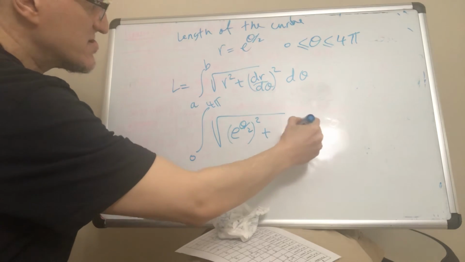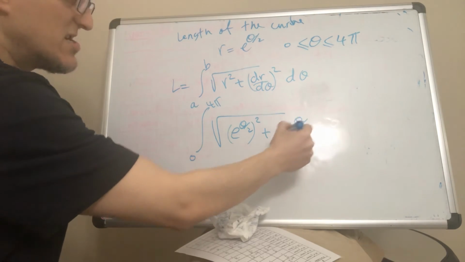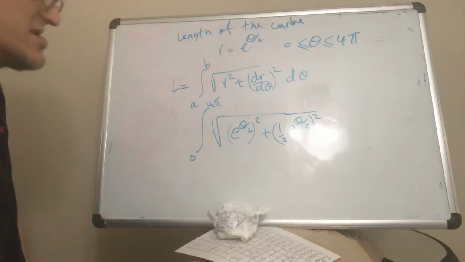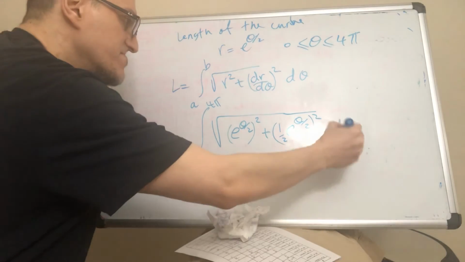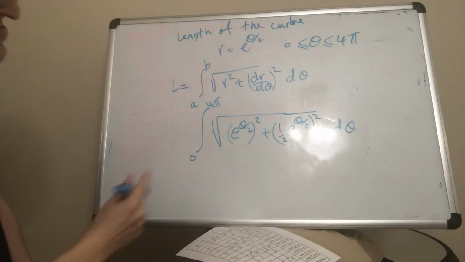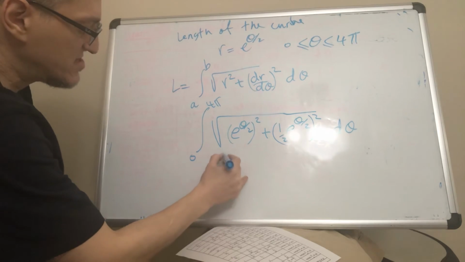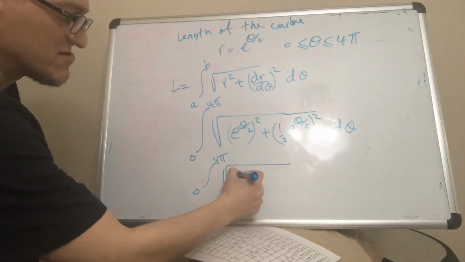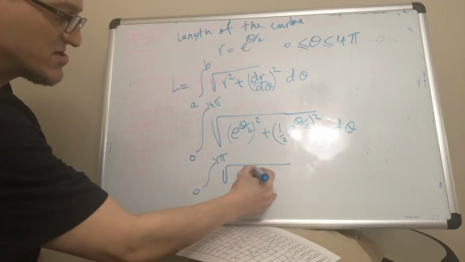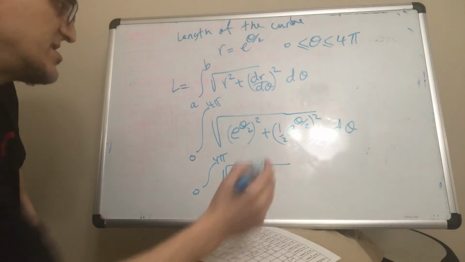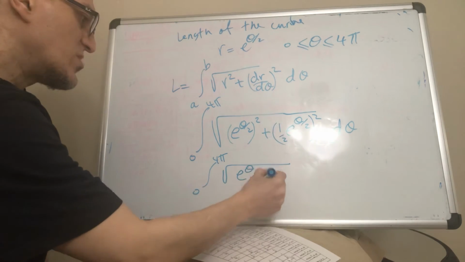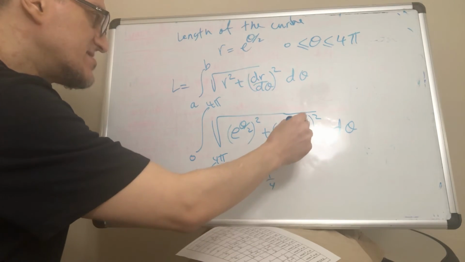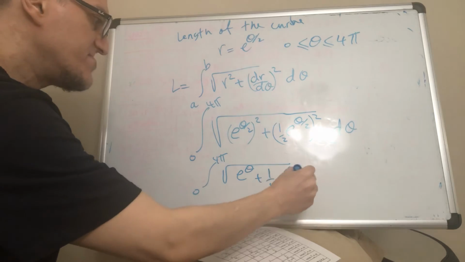The derivative of this is itself times half, which is the derivative of the exponent, and you square this, d theta. Now, mathematically speaking, when you raise to multiple exponents, you multiply them, so this times this will become e to the theta. And here, half squared is 1 over 4. And this squared will also be e to the theta.